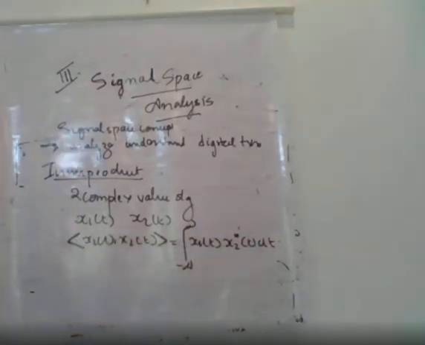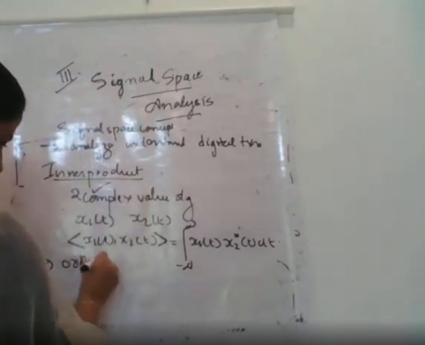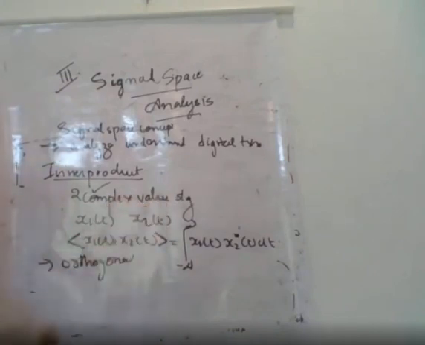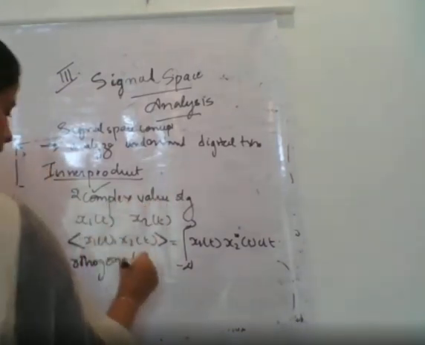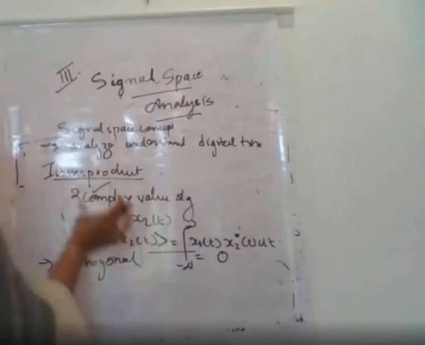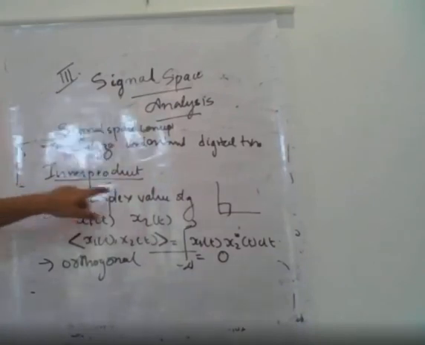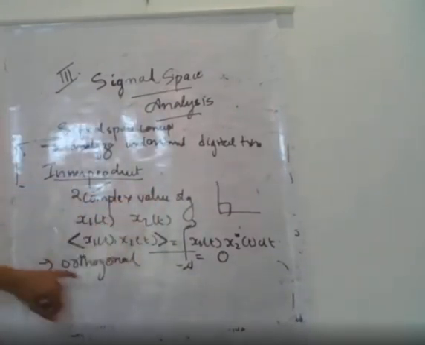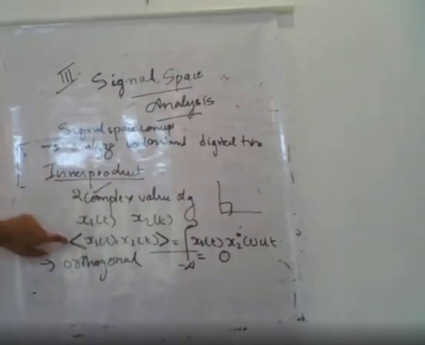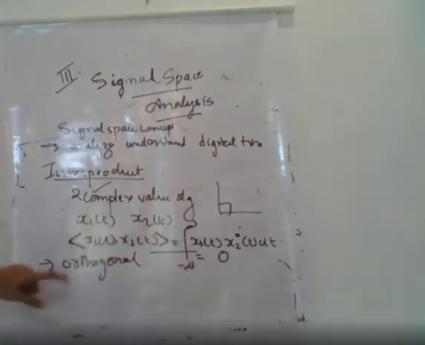And these two complex valued signals are said to be orthogonal, that is, perpendicular to each other, if this inner product value is equal to 0. When we calculate the inner product and get 0, we can say that these two complex valued signals are orthogonal, or perpendicular to each other.